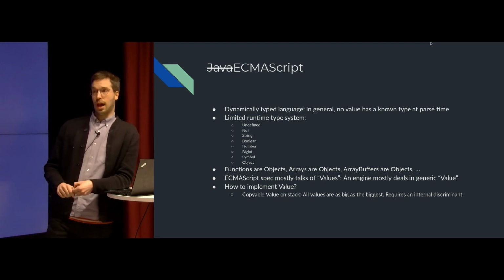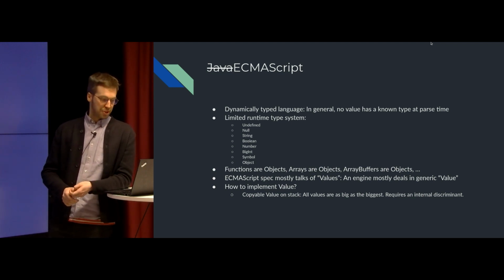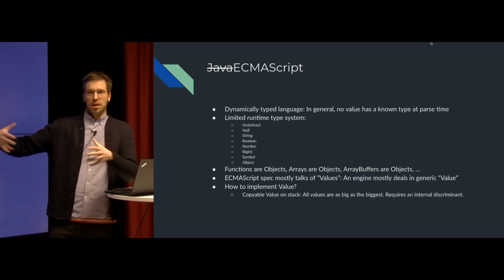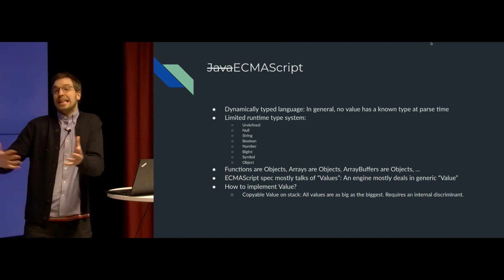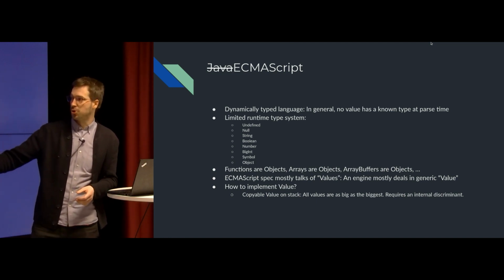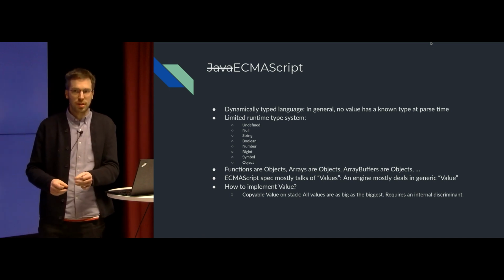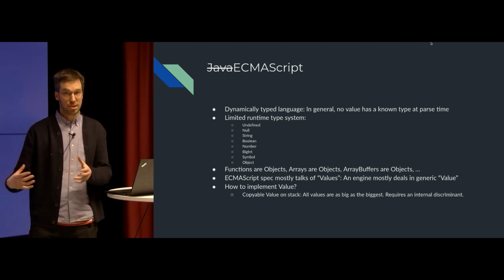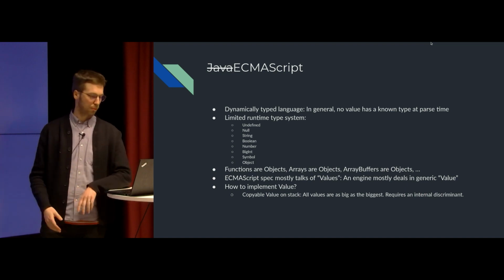One option for how to do a value is to just have a copyable value on the stack. So you would have some kind of massive thing that can hold any type of value. It can hold any type of object and all the data associated with it, at least those parts that can be on the stack and are not required to be on the heap.